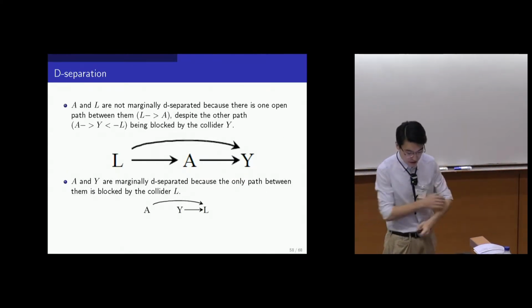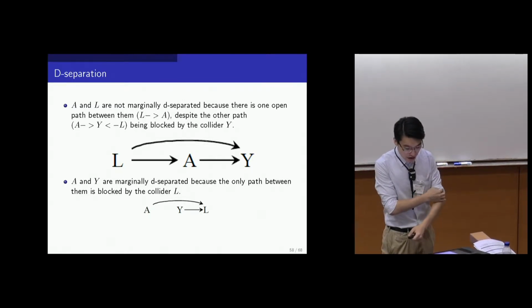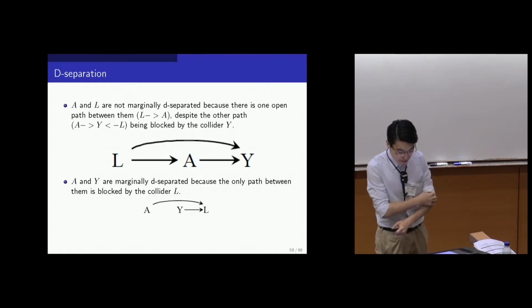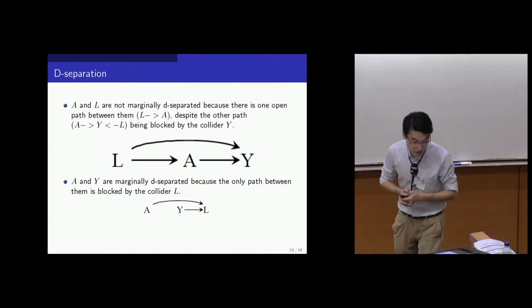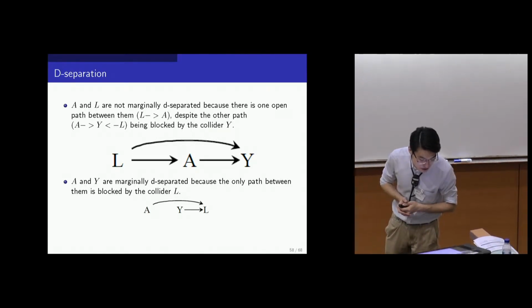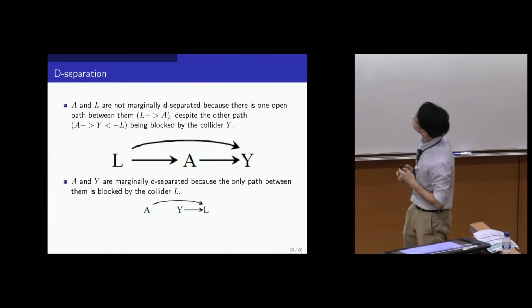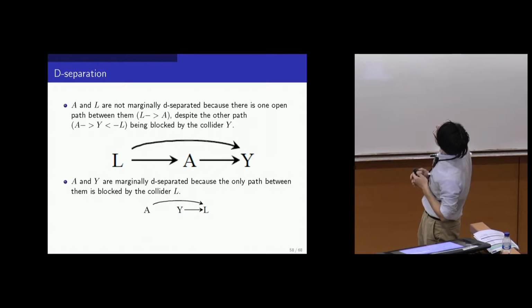For example, here, A and L are not marginally d-separated because there's this arrow here, so there is one open path.